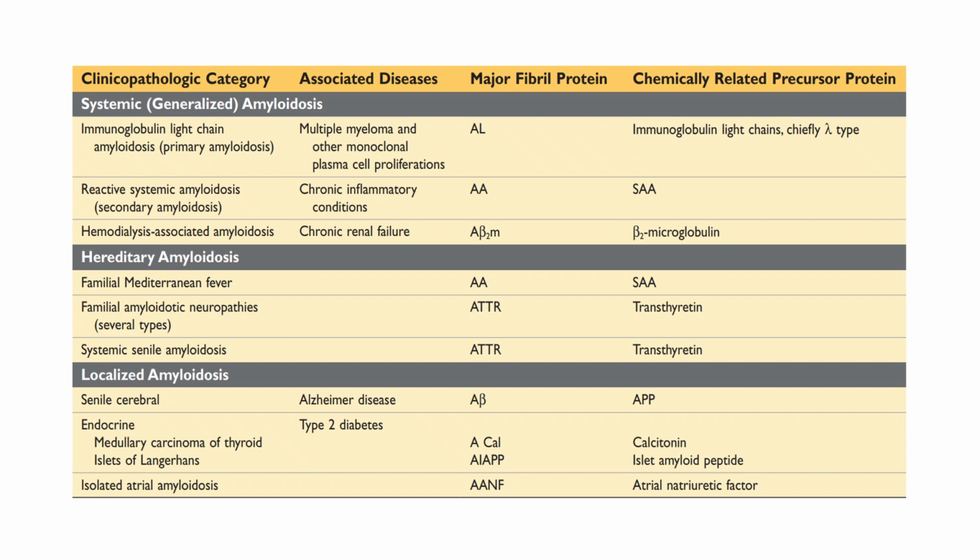We can see from this slide, primary amyloidosis is AL, and secondary is reactive, also known as AA. It is seen in chronic inflammatory conditions like rheumatoid arthritis, tuberculosis, osteomyelitis, and can be associated with a few solid carcinomas. There are other types of amyloidosis, like ATTR, associated with familial amyloidotic neuropathies and systemic senile amyloidosis, and A beta is seen in Alzheimer's disease.